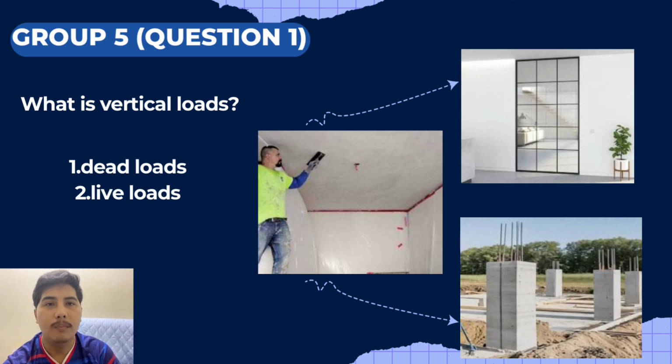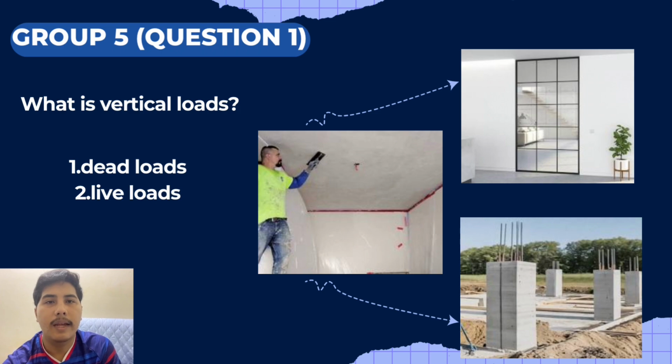So we move to the importance of the vertical load. Accurately calculating and accounting for vertical loads is crucial in structural design to ensure the stability. The structure must be able to support its own weight and any additional load without collapsing.